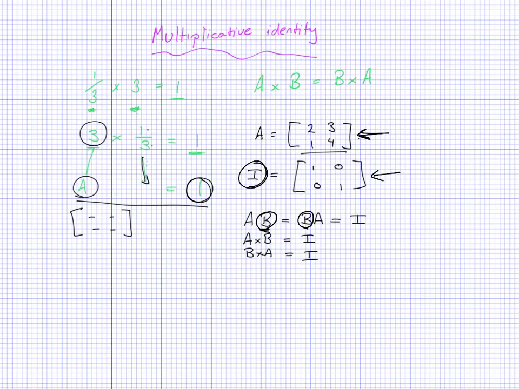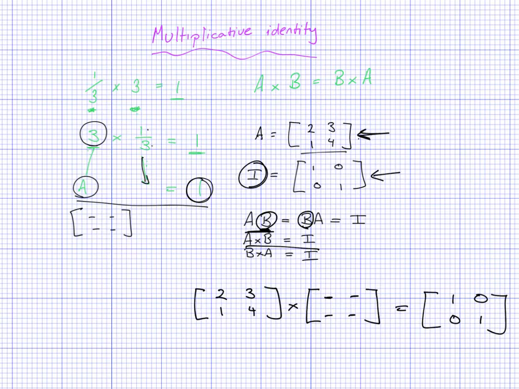So instead of using this equation here, A times B equals I, I'm actually going to set it up. So it's going to be 2, 3, 1, 4, which is A, times B, which is going to be another matrix, equals 1, 0, 0, 1.